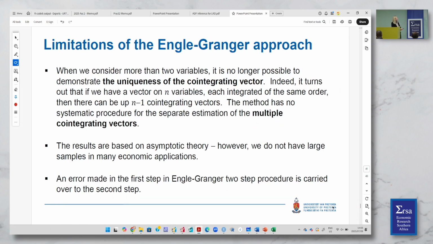And I think that is, of course, one of the limitations. It's only unique if we have two variables, because there can be up to n-1 co-integrating vectors.